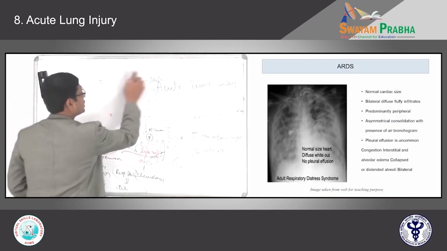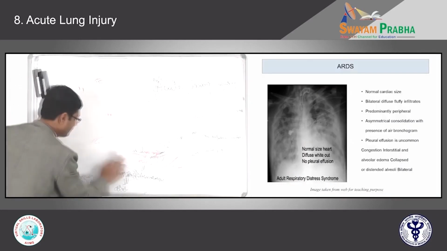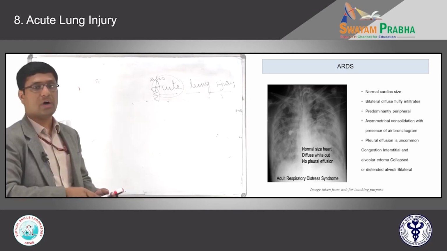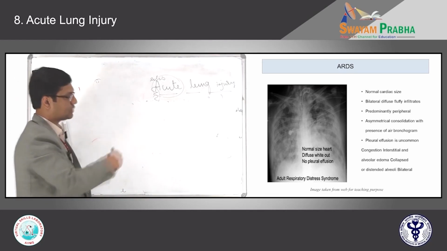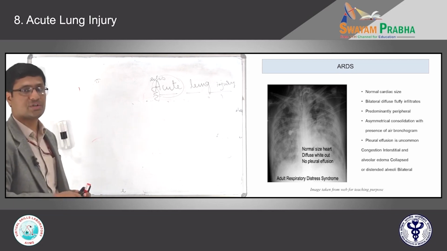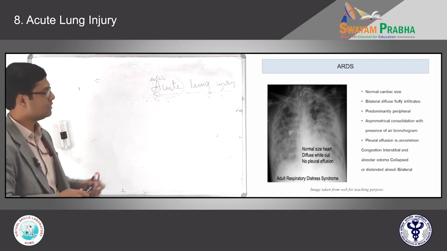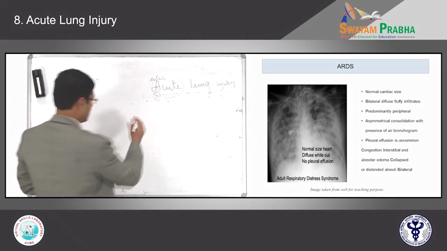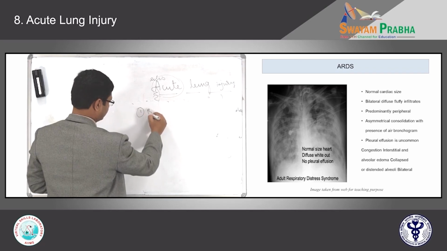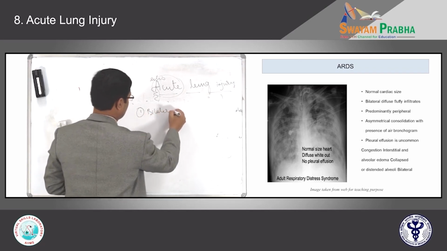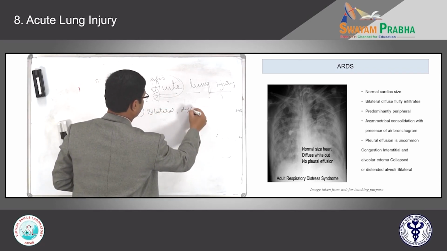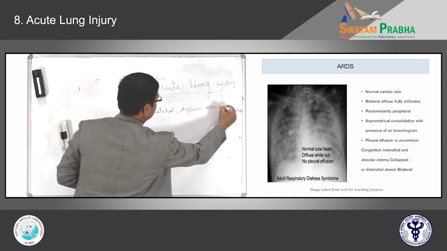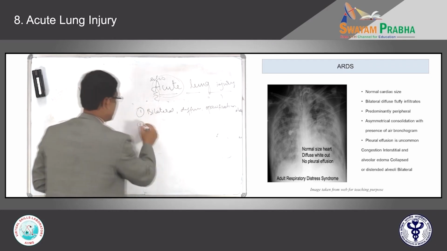If any patient comes with clinical features of ARDS and you advise a chest X-ray, how does it look? Very important. All of you can see the chest X-ray of a patient with ARDS. What can you observe? There is diffuse haziness, or ground glass opacity, of bilateral lungs. Bilateral diffuse opacification of the lung parenchyma.